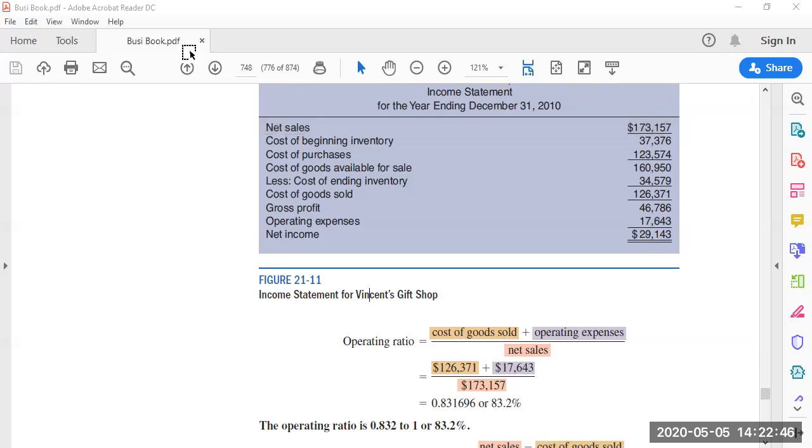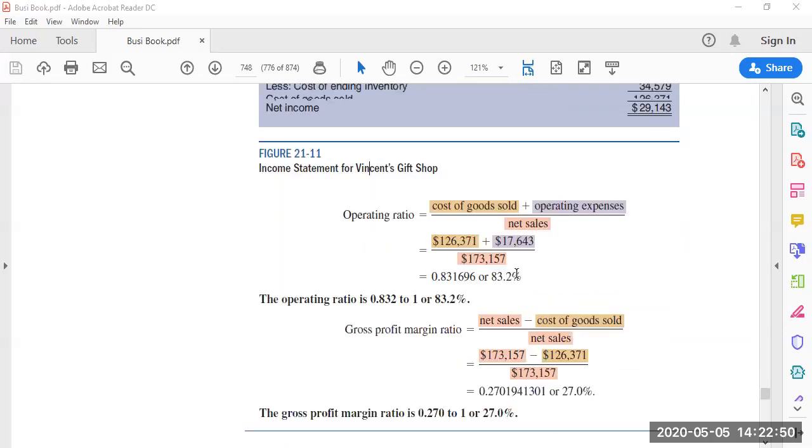In our example, the gross profit margin ratio is found by taking your net sales, subtracting your cost of goods sold from that, and then dividing that number by your net sales.